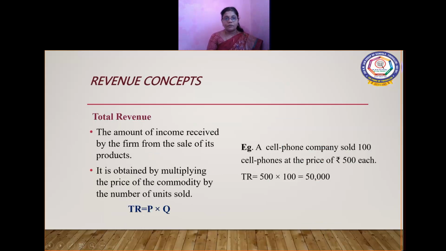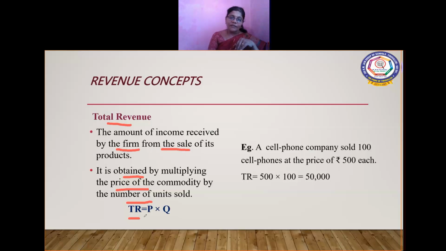Now we are going to discuss the revenue concepts. First, the total revenue. The amount of income received by the firm by the sale of its product is known as total revenue. It is obtained by multiplying the price of the commodity by the number of units sold. In the previous slide also we saw this.